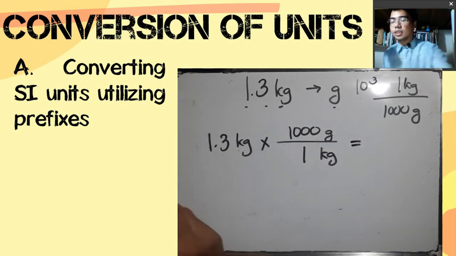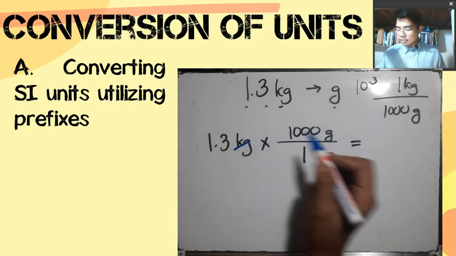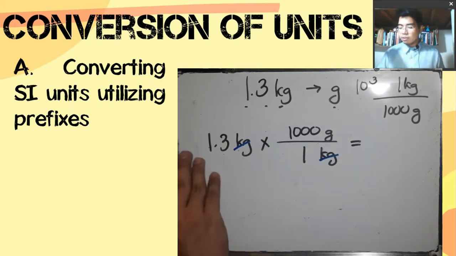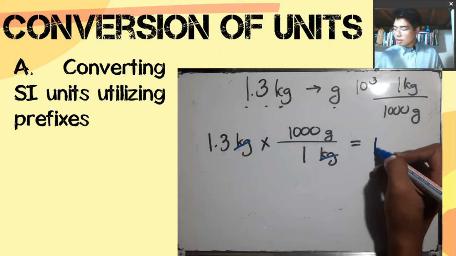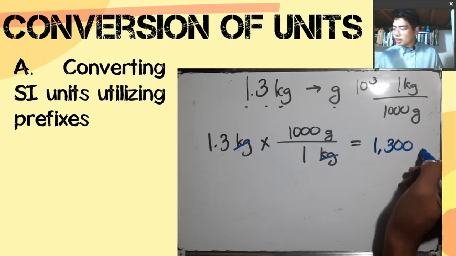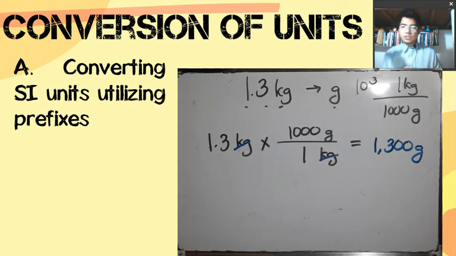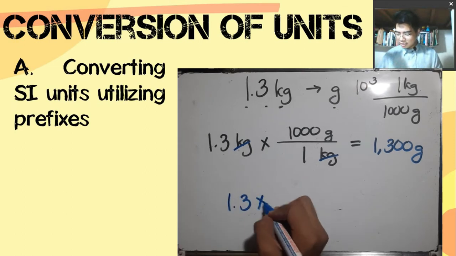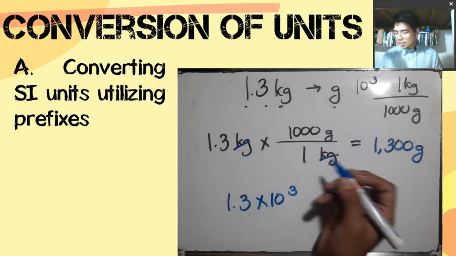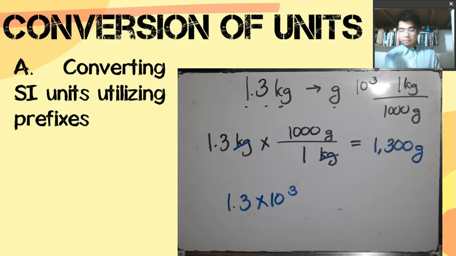Then, just simply cancel the sign, then multiply 1.3 to 1,000, which will now give us 1,300 grams. Or, you can simply multiply 1.3 times 10 raised to 3 grams.